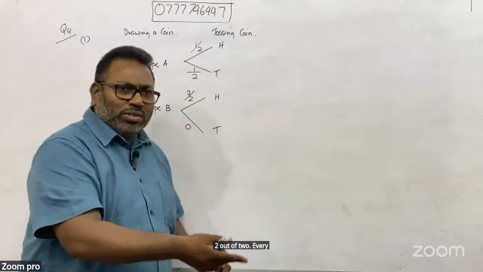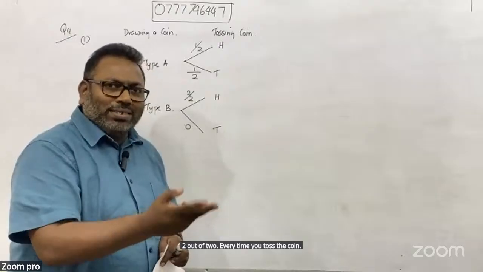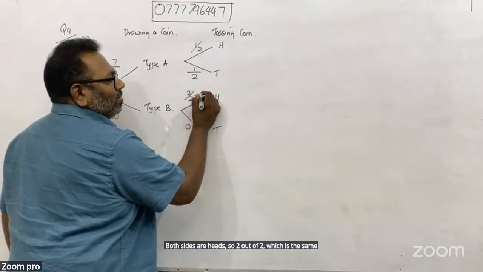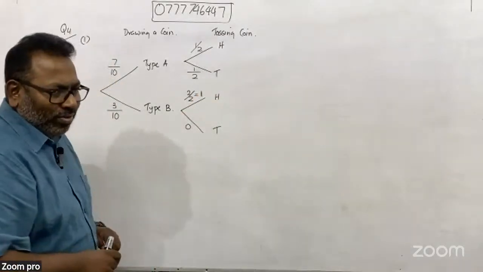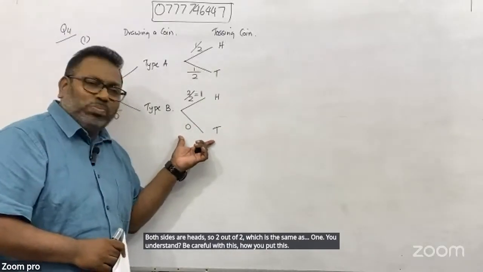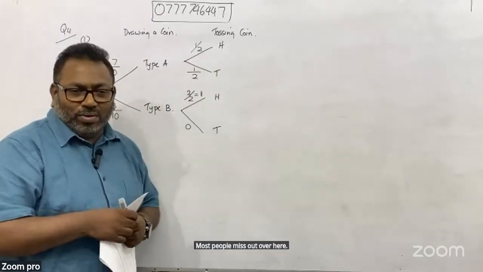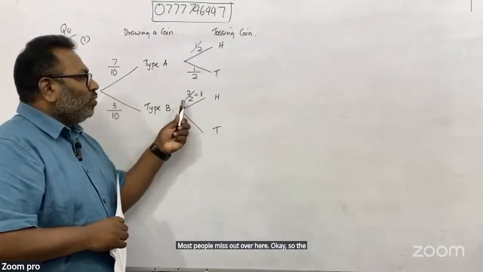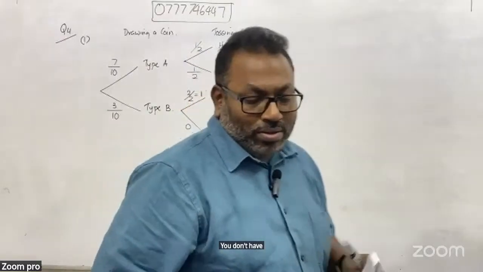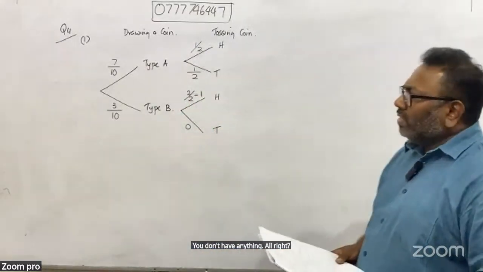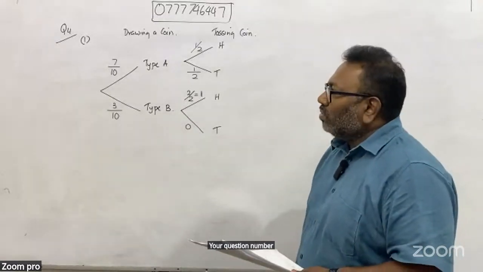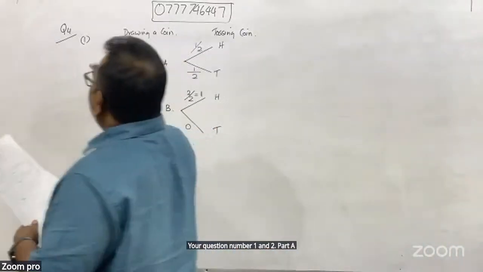Every time you toss the coin, both sides are heads, so 2/2, which is the same as 1. Be careful with this, how you put this. Most people miss out over here. For tails, you don't have anything. That is your question number 1 and 2, Part A of this question.